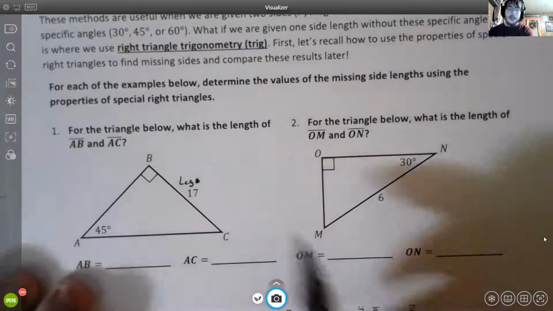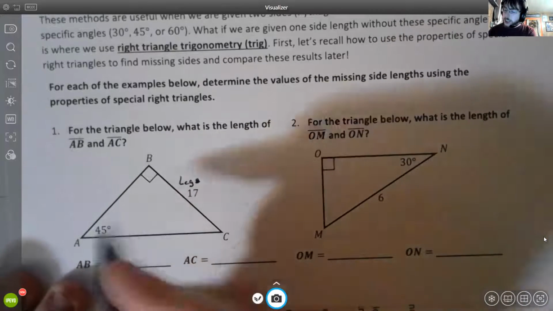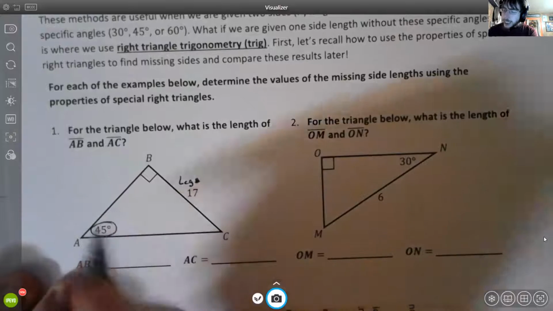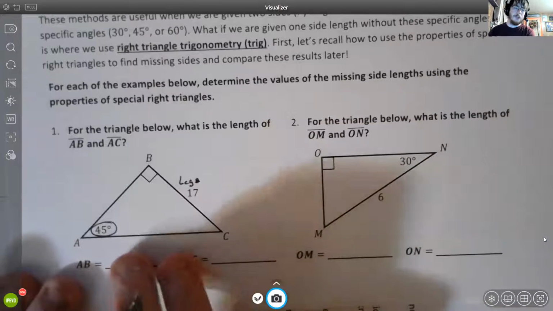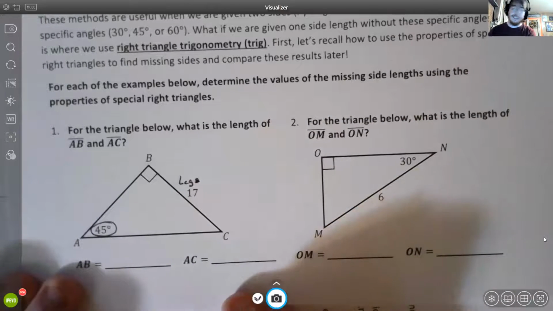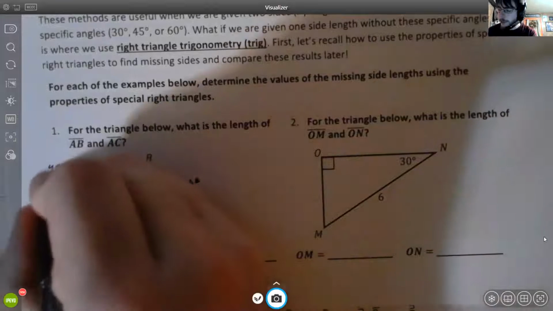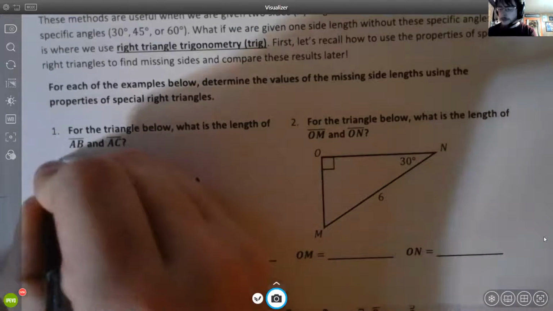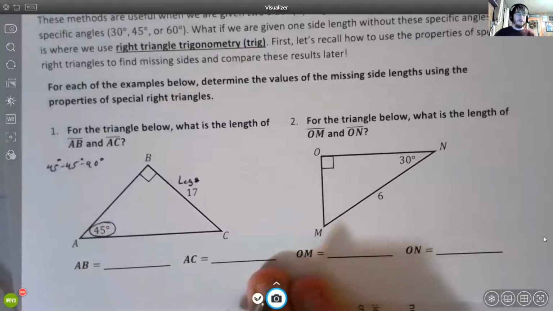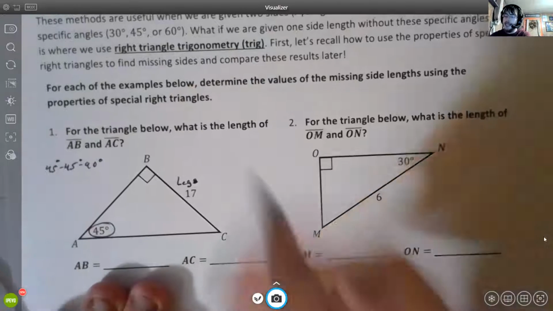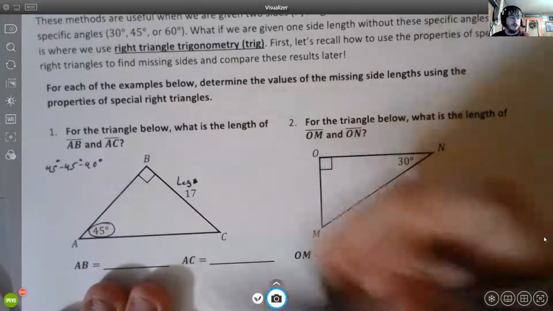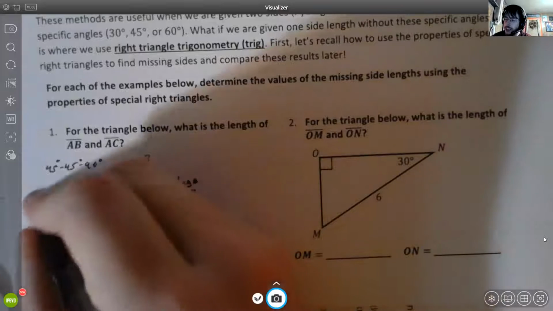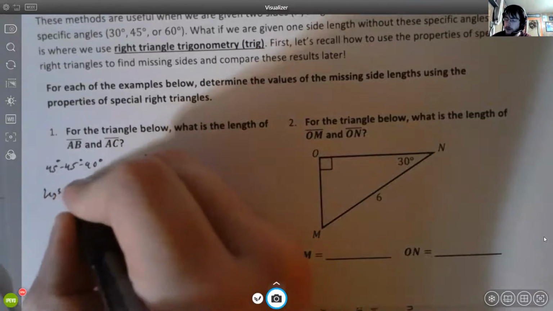And here we see that we have a 45-degree angle. This 45-degree angle tells us that this is a 45-45-90 triangle. Now we're given a leg, and we know in a 45-45-90 triangle that the legs are equal.